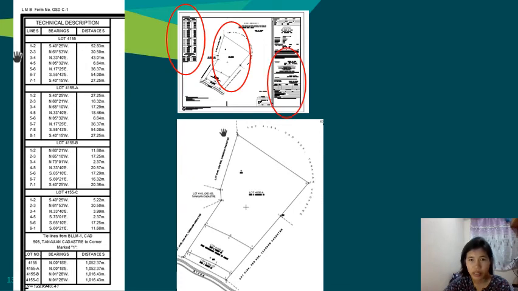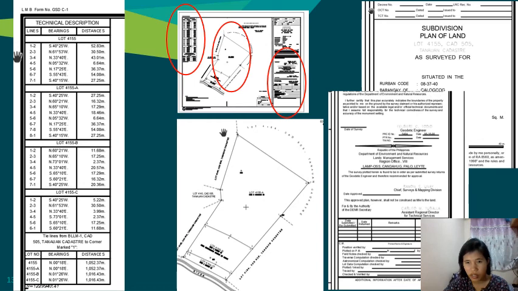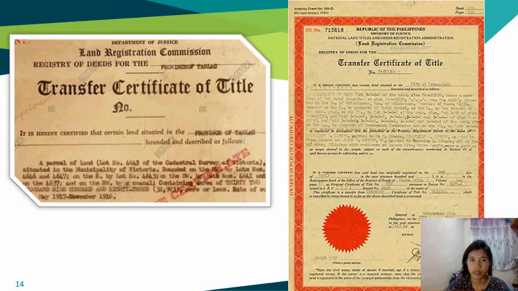We have here the information of the lot, the location, where it is situated, the area, the direction, and the scale. We have here the name of the geodetic engineer written here. So this is a sample of a simple subdivision plan that we're going to prepare soon.